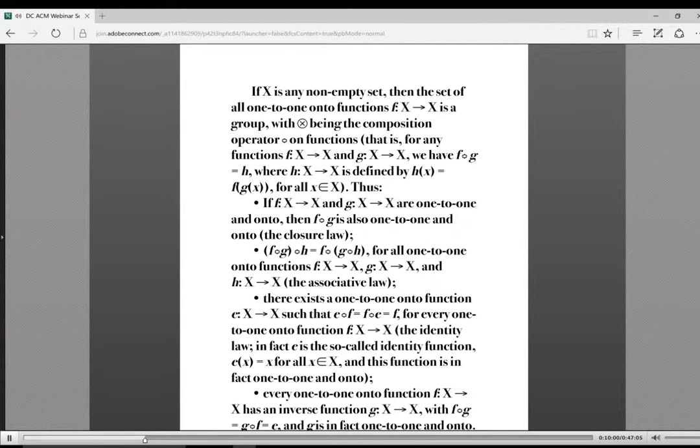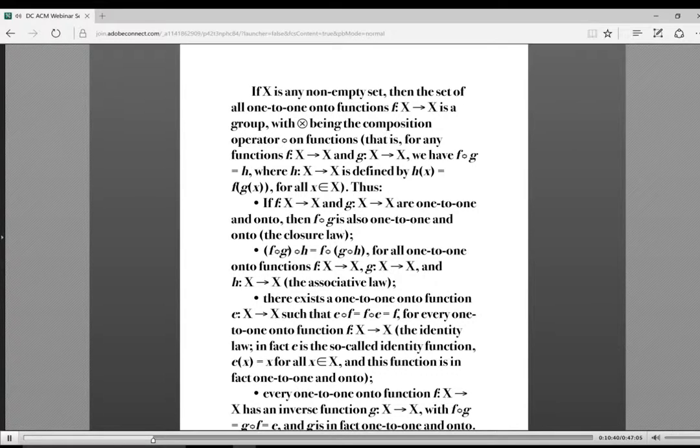If X is any non-empty set, then the set of all one-to-one onto functions f going from X to X is a group, with cross being the composition operator circle on functions. That is, for any functions f and g, we have f circle g equals h, where h is defined by h of x equals f of g of x for all x in the set X. Thus, number one, if f and g are one-to-one and onto, then f circle g is also one-to-one and onto.